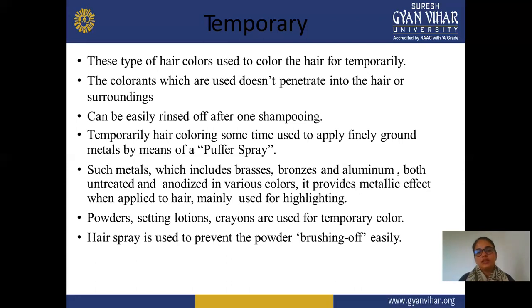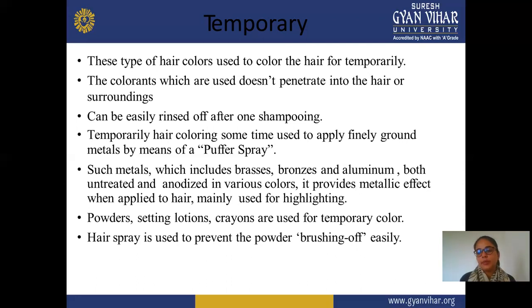And temporary hair coloring sometimes applies finely ground metals by means of a puffer or spray. Such metals include brass, bronze, and aluminium, both untreated and anodized in various colors, and provide a metallic effect when applied to the hair and may be used for highlighting.